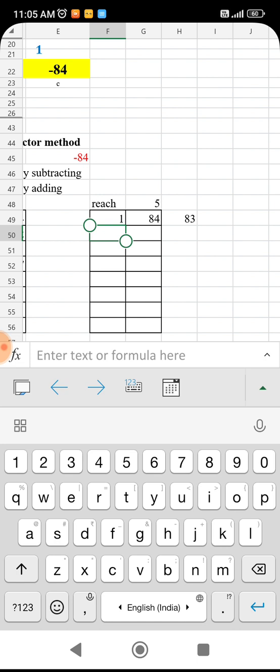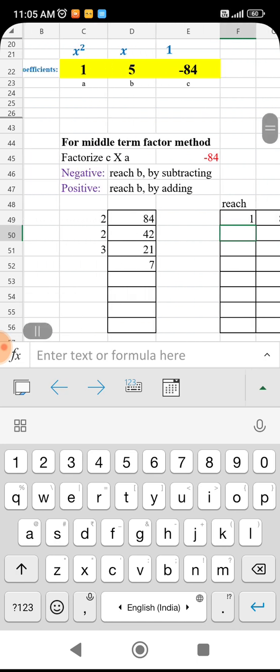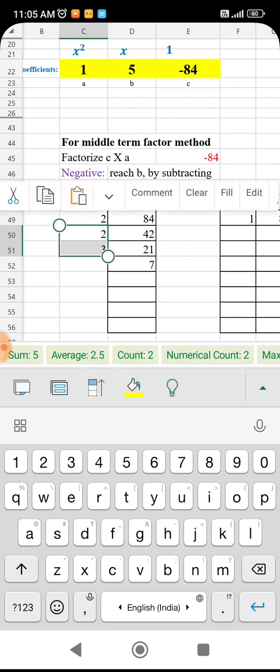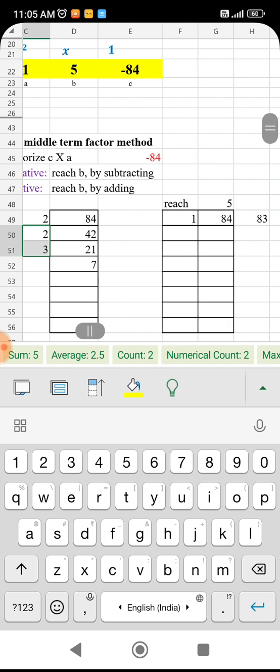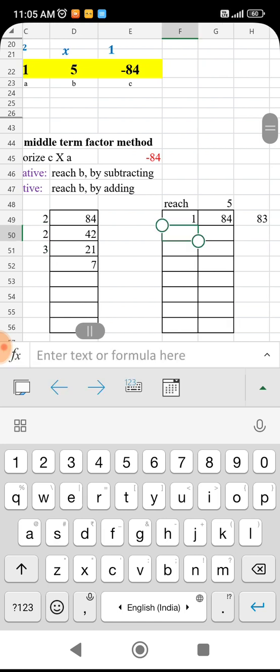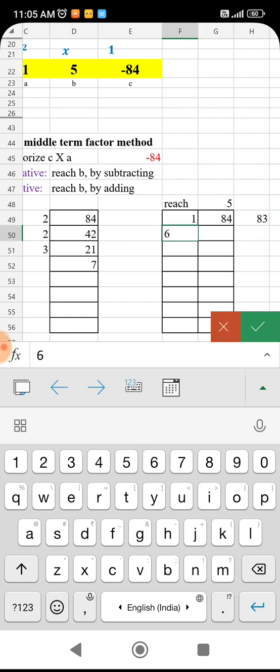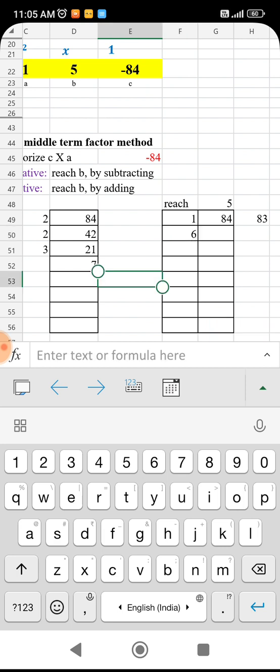Try to find out whether 6 is possible or not. Yes, 6 is possible. 6 times 14, so this is 6 and what will be multiplied with 6 to become 84?